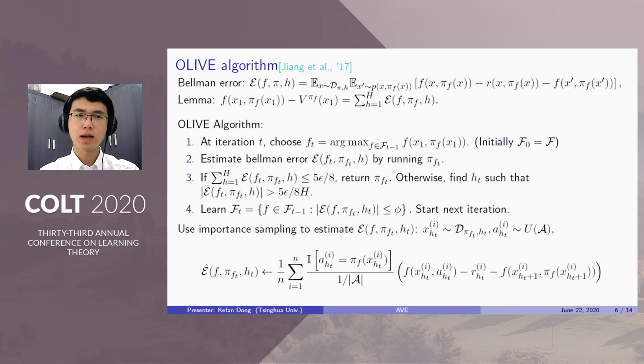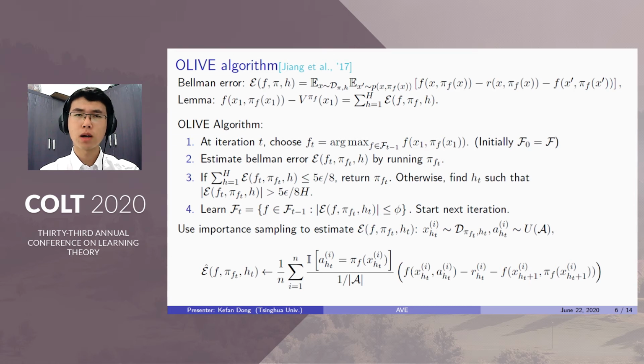Otherwise, there exists some layer where the Bellman error is large. Then the algorithm eliminates functions with large Bellman error with respect to the same roll-in policy at this layer. Because the optimal Q function has zero Bellman error, the elimination step will not remove the optimal Q function.